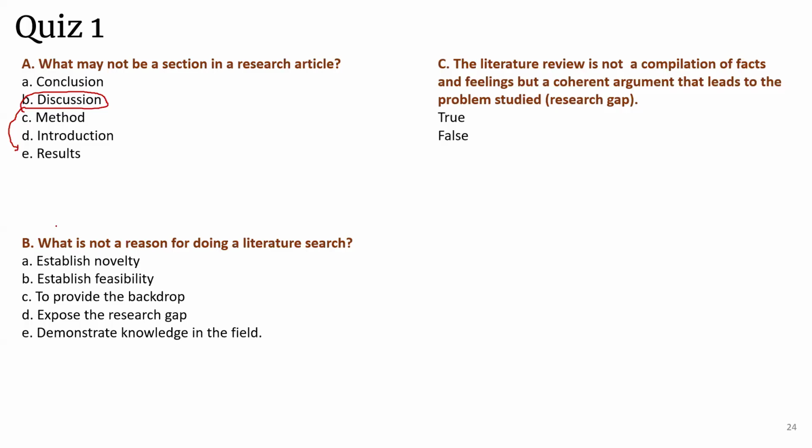What is not a reason for doing literature research? To establish feasibility, to provide a backdrop, to expose a research gap, to demonstrate the knowledge in the field. That's the correct answer. The literature review is not a compilation of facts and feelings, but a coherent argument that leads to the problem studied or the research gap. This is true. All right.